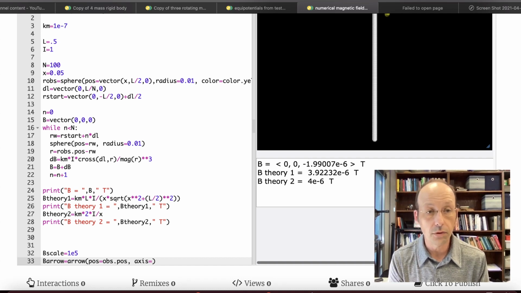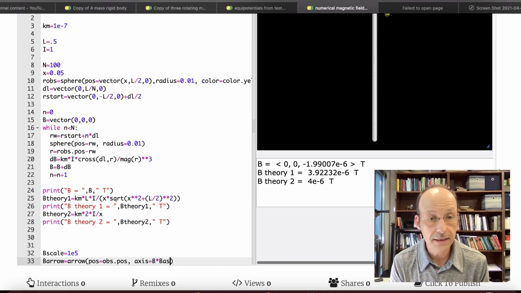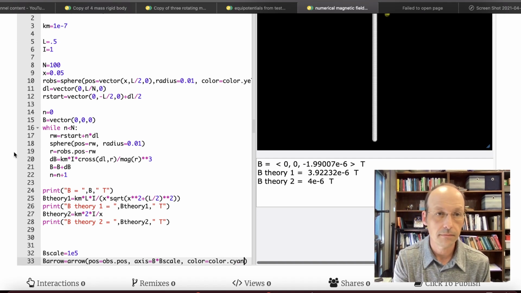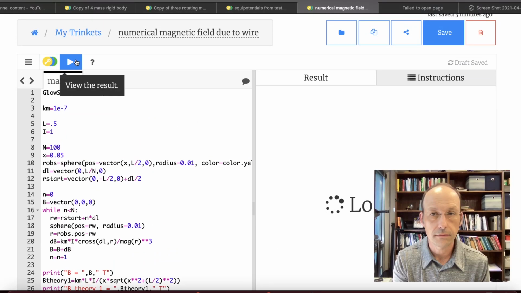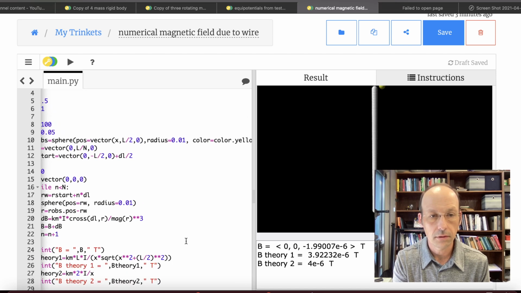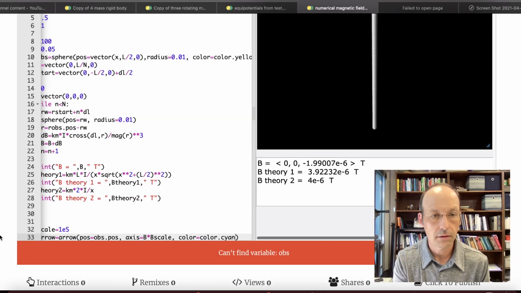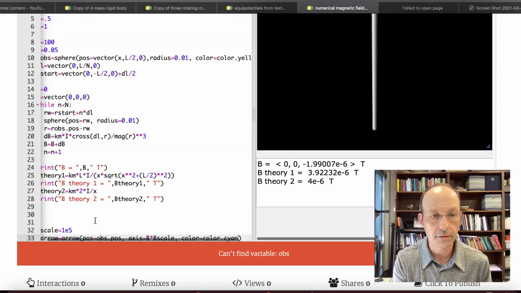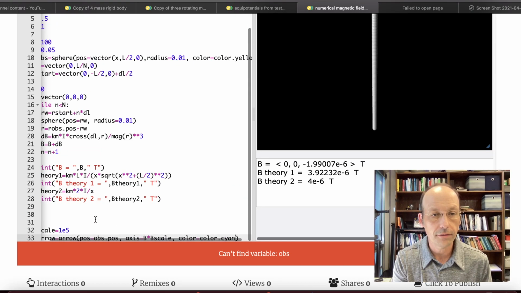Axis is going to equal B times B scale. And let's make it cyan. Color equals color.cyan. See what happens. Maybe that's too small. Or did it give me an error? It didn't. Can't OBS. What are OBS? That's why.